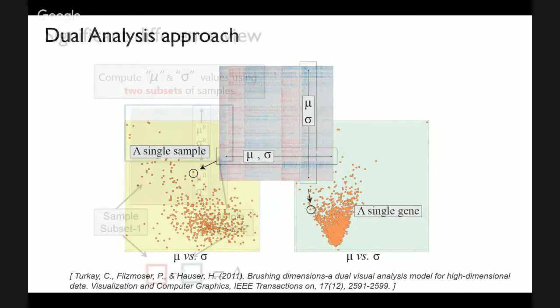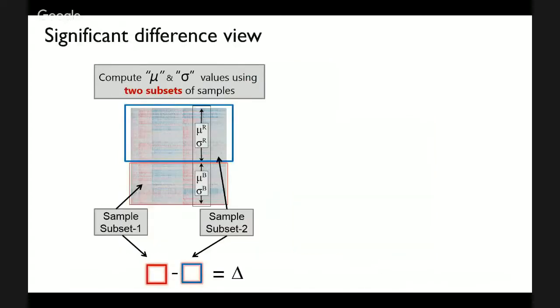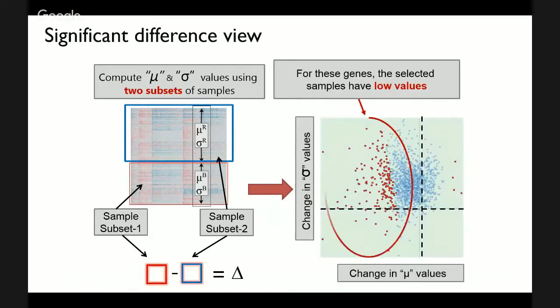So what we did is use this idea and integrate it within Kaleido, within Stratomex, and use these visualizations as a means to represent the most dominant characteristic genes for a group of patients.